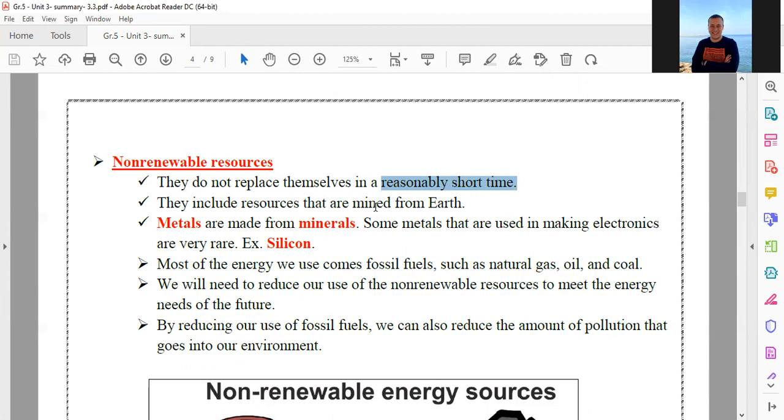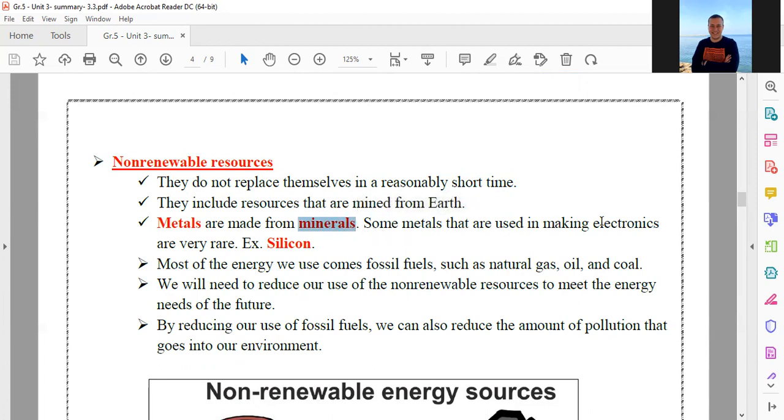They include resources that are mined from Earth. The word mine means dig deep into the earth in order to get these minerals from deep down below the Earth's surface. Some metals are made from minerals, yes.